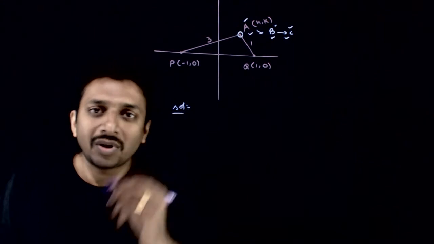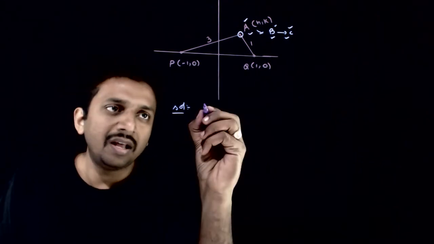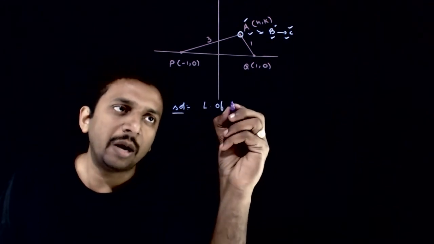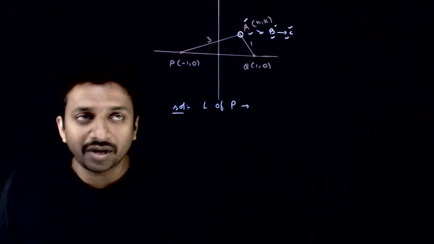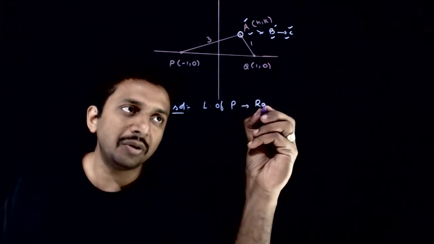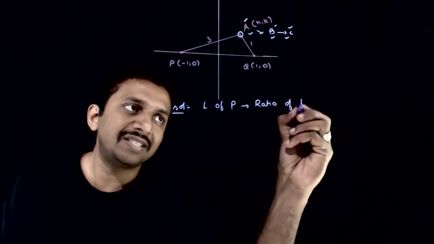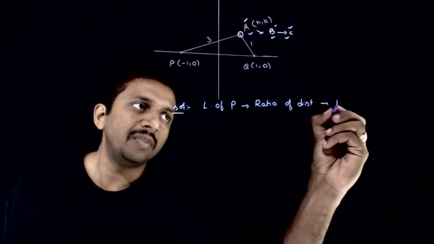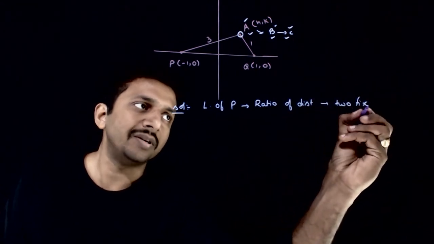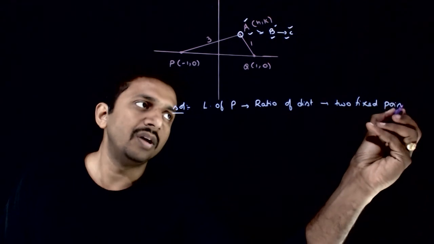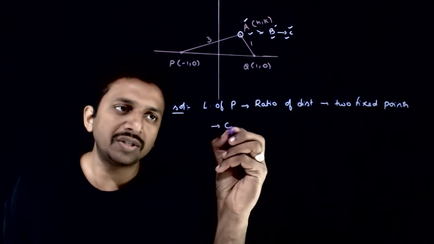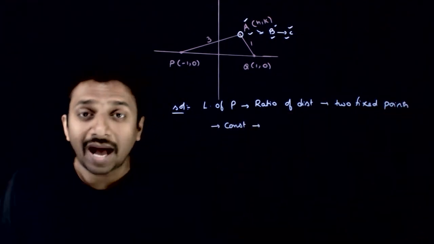So what is the statement that I am using? Locus of points such that the ratio of distances from two fixed points is constant other than 1.